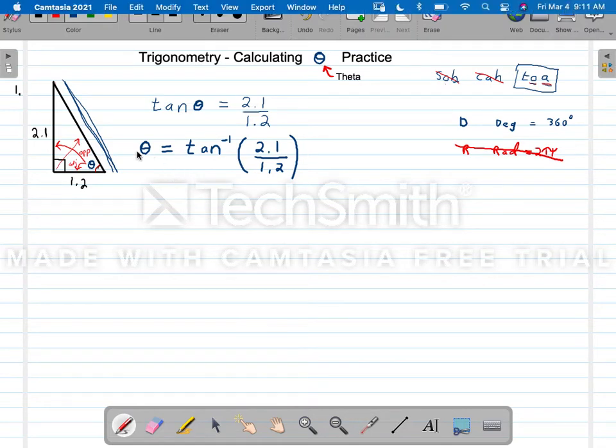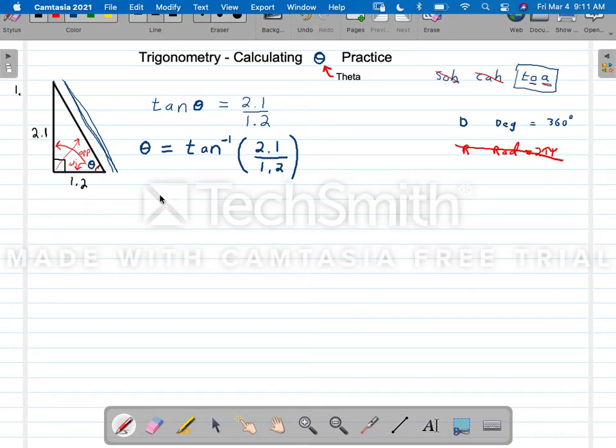All right, so theta that we're calculating is an angle, okay? It's the angle right here. This angle theta will equal the tan inverse of the ratio of the opposite over the adjacent sides. Tan to the negative 1 equals 2.1 divided by 1.2.